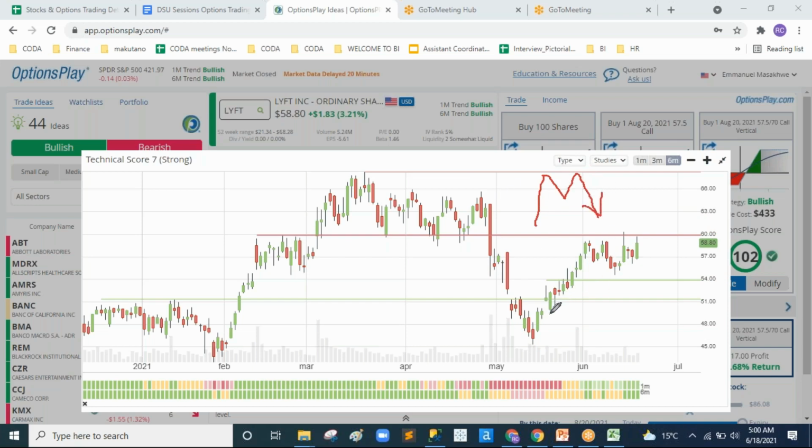It has moved up to this resistance level, it came down. It is on the second leg of the M. So what do you expect? A downward move. You see that? So that is always the direction of the stock.